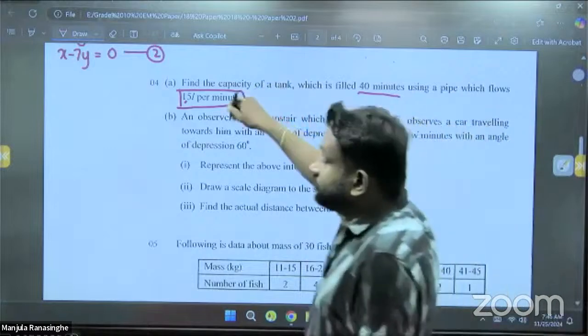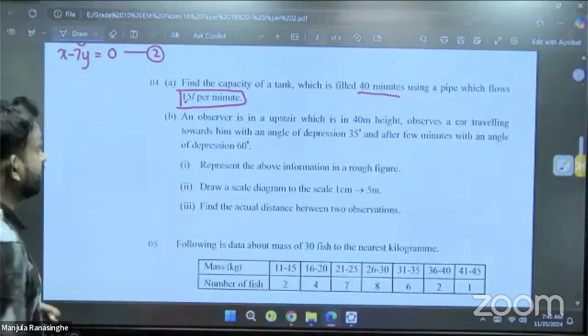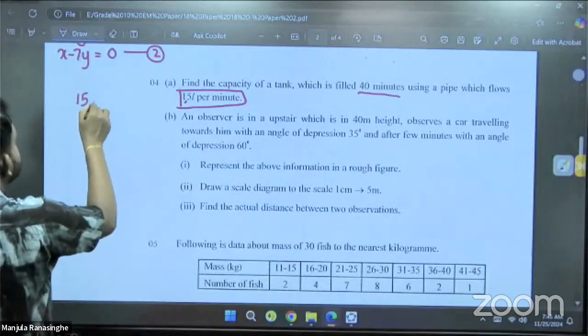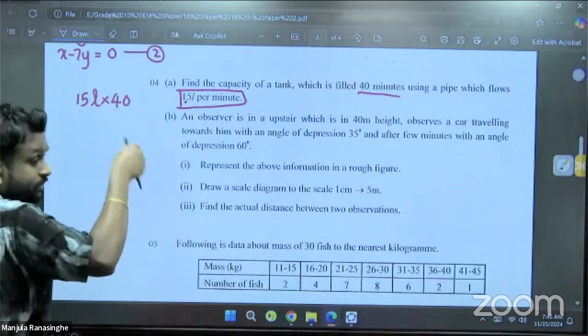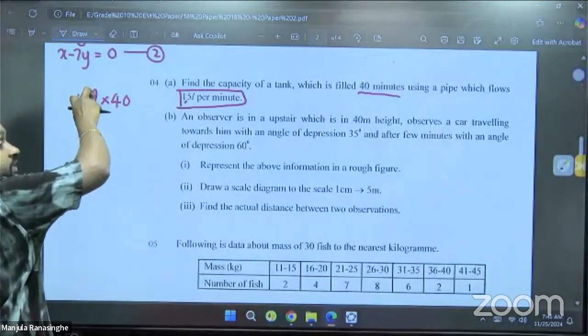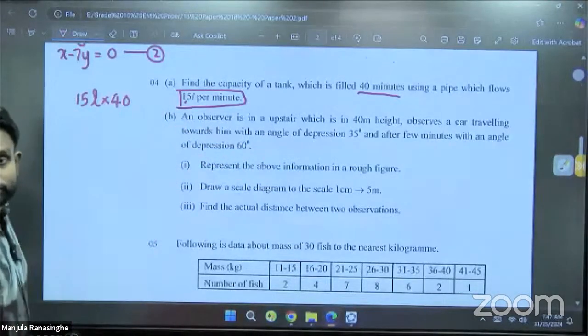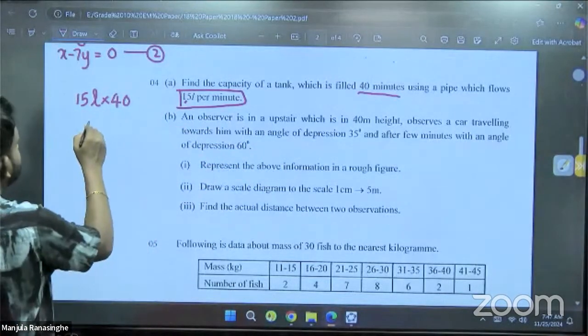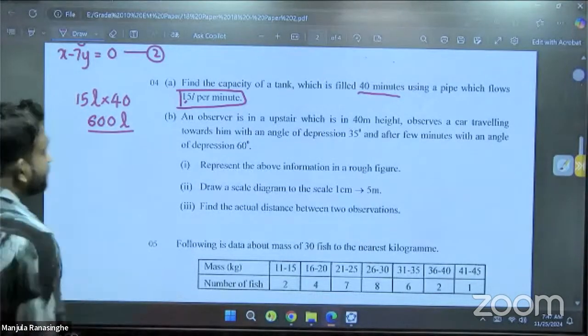So in 1 minute, 15 liters, so 15 liters being filled 40 times. So that means just 15 liters into 40. For each minute, it fills up 15 liters. Right. So 15 into 40, so 600 liters.